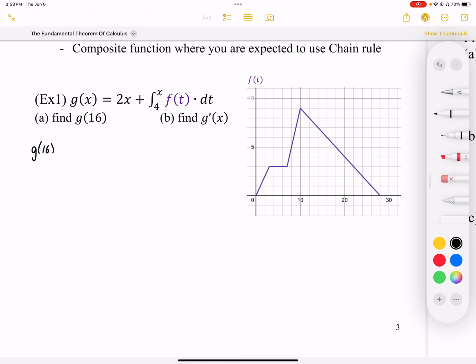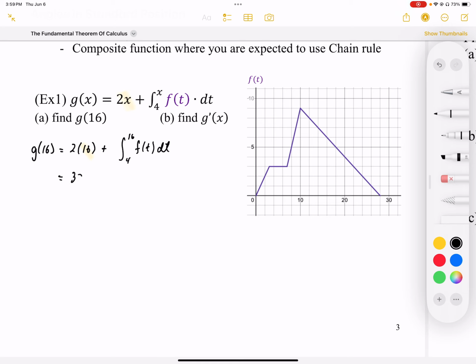So g of 16 is going to be equal to, well, I could plug 16 into the x part of that function. So there's x there, so I'm plugging 16 in. And the rest of that function is going to be defined as the area under the curve from 4 to x. So x in this case is 16, the area under the curve from 4 to 16 under the f function.